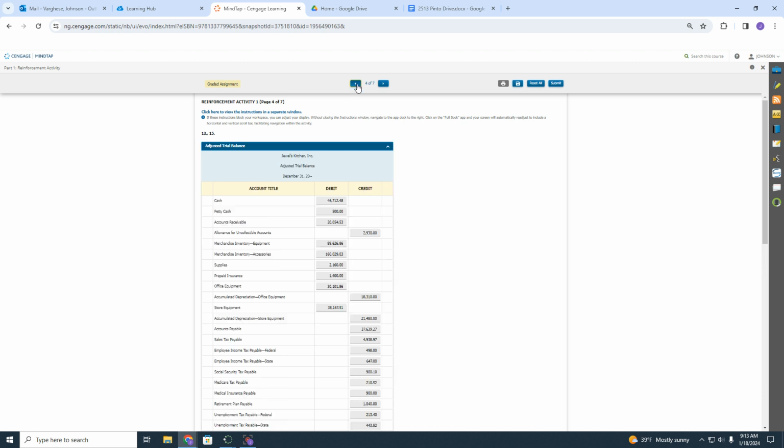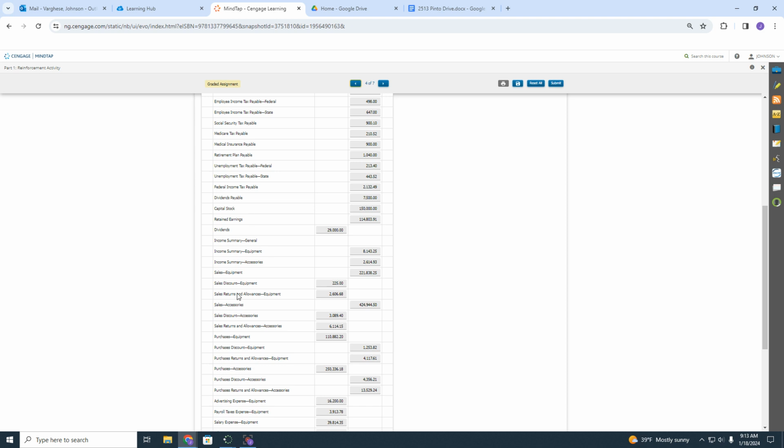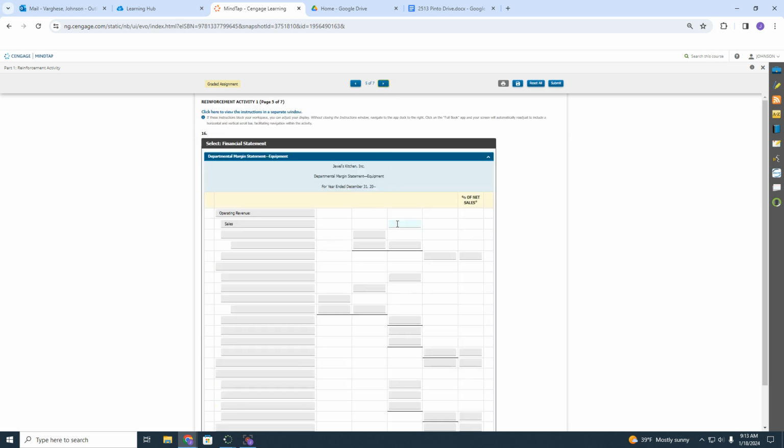So I'm going to go back to my adjusted trial balance. And here we have sales for equipment at 221,838.25. So I'm going to grab that. Oh, it won't let me grab it. 221,838.25.